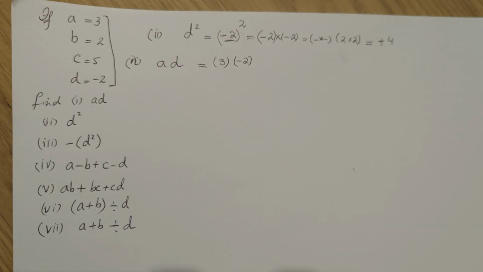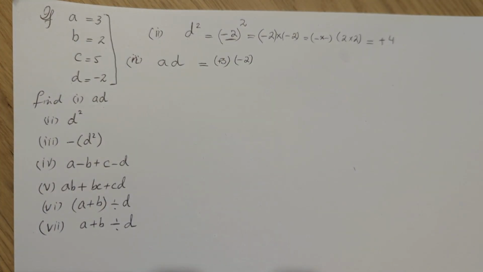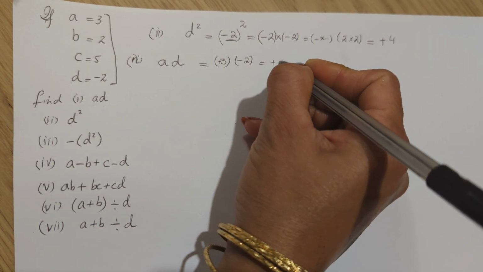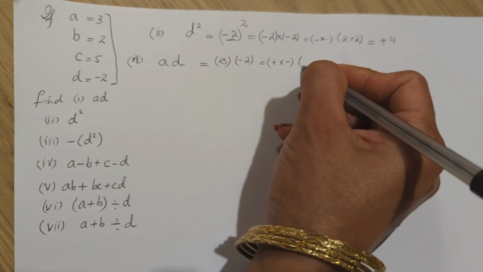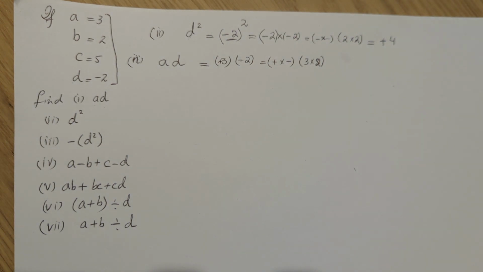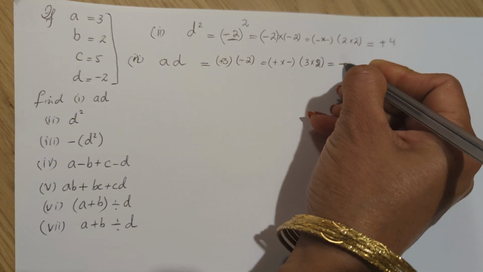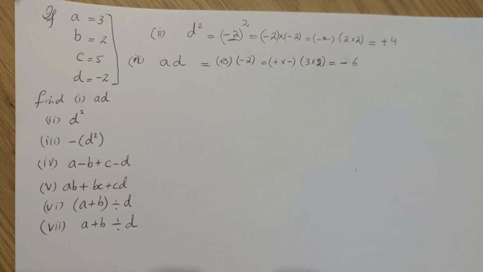When there is no sign, always remember the sign is plus. So plus multiplied by minus: the signs multiply each other and the numbers multiply with each other. Plus and minus give you a minus sign. 3 times 2 gives you 6. So its answer will be minus 6. It's very simple.